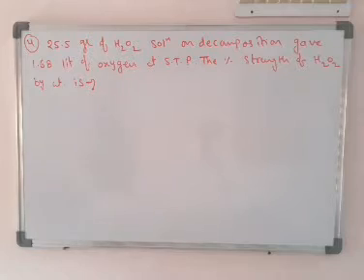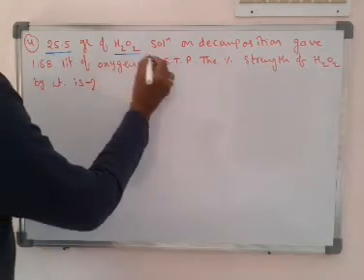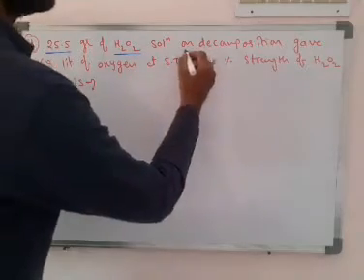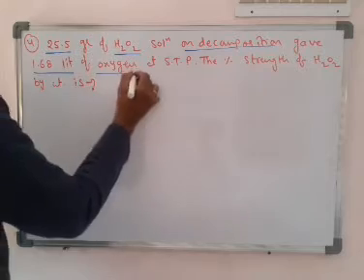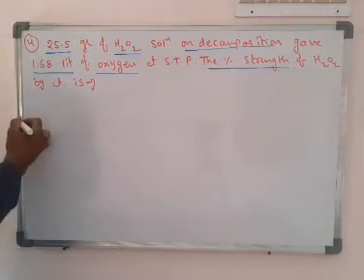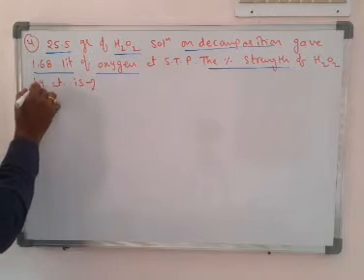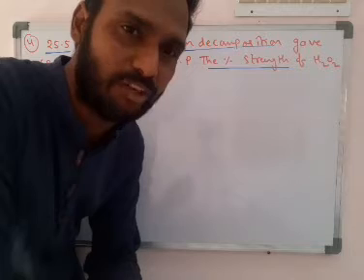Okay, let's see the next one. The fourth problem: 25.5 grams of hydrogen peroxide solution on decomposition gave 1.68 liters of oxygen at STP. What is the percentage strength of hydrogen peroxide by weight? Here we know hydrogen peroxide is an unstable liquid.